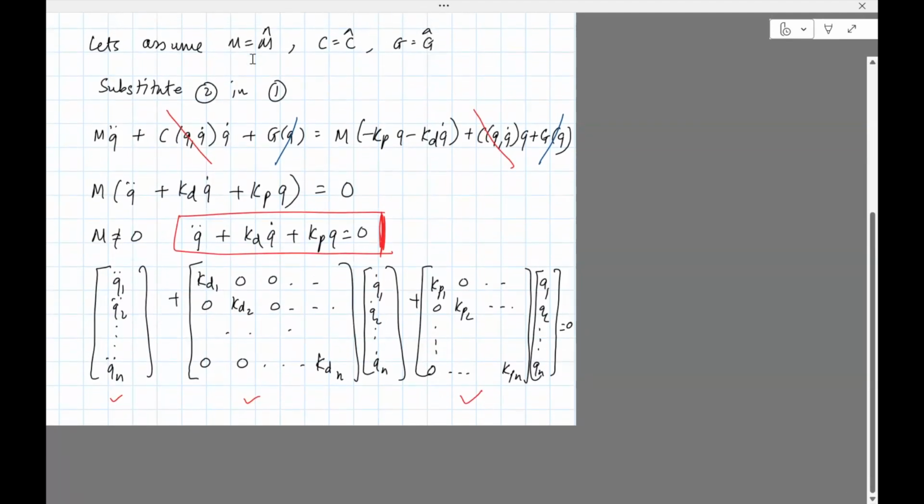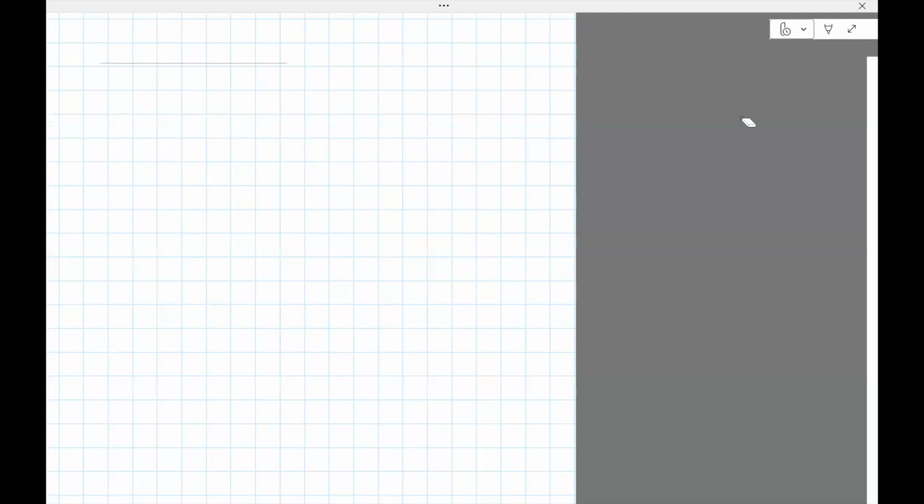So this is where I stopped. So let's go from there. So these equations are decoupled. That is, you can write them independently.